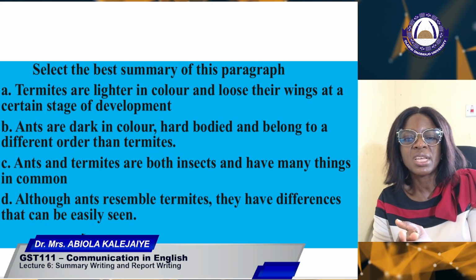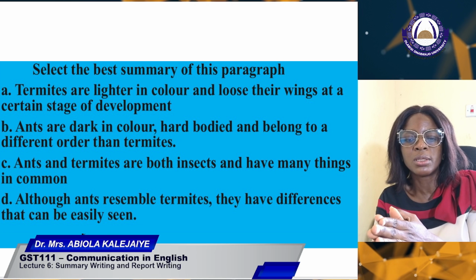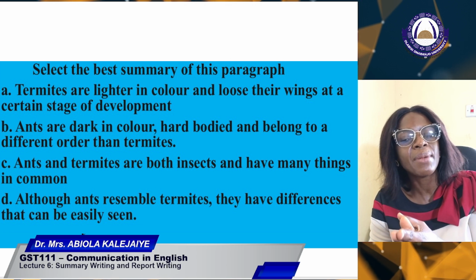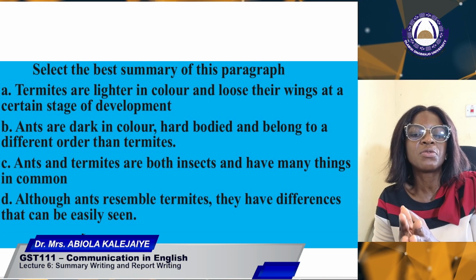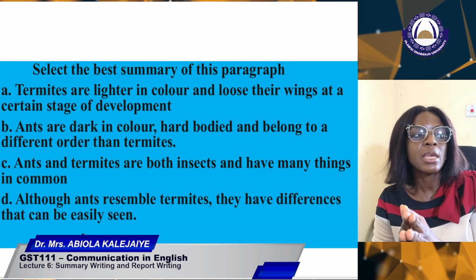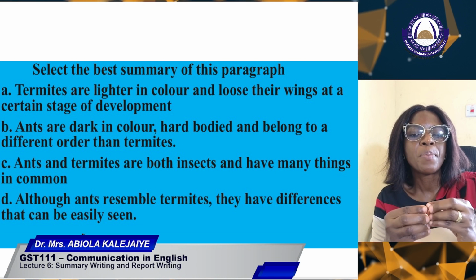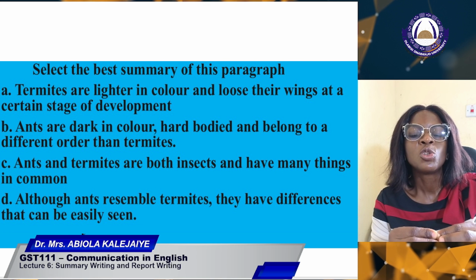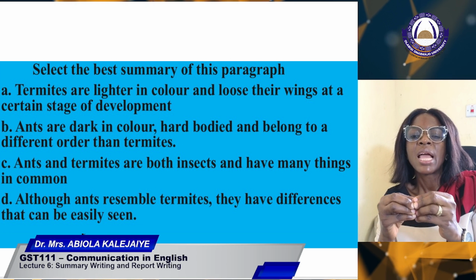Now, the third summary says ants and termites are both insects and have many things in common. Number D, although ants resemble termites, they have differences and can easily be seen. So if you look at the differences we see there, the last option seems to be the best that would summarize, because if you take option number A, you have picked just one of the items that has been addressed.